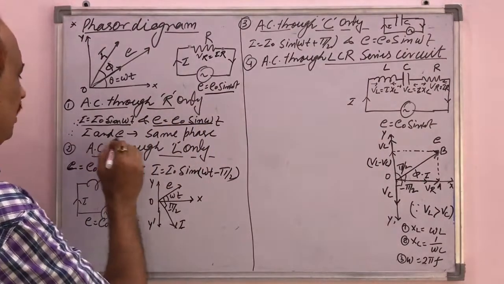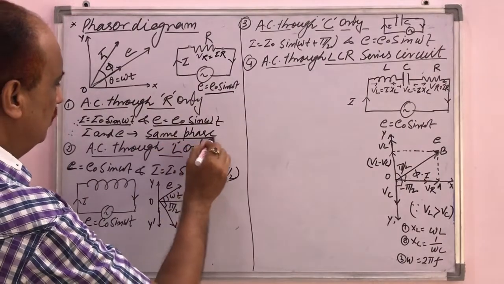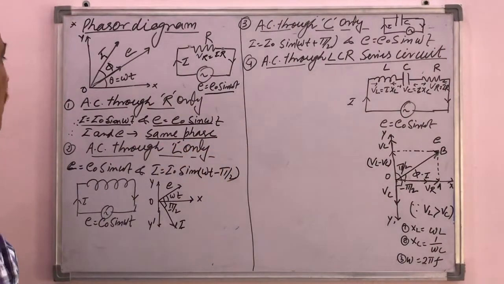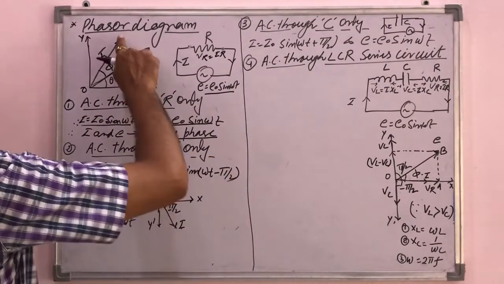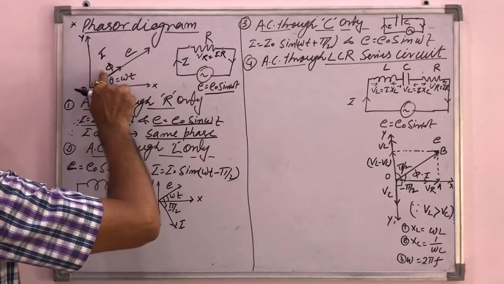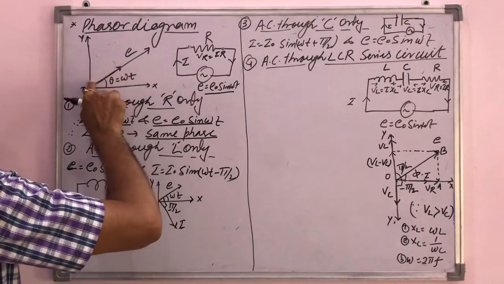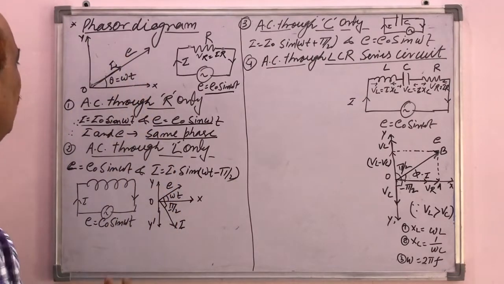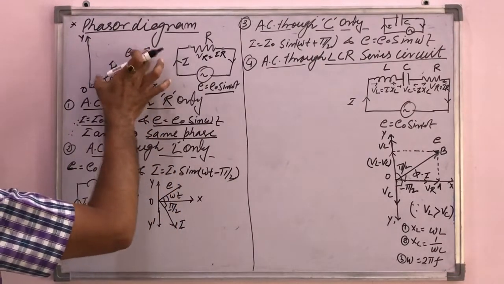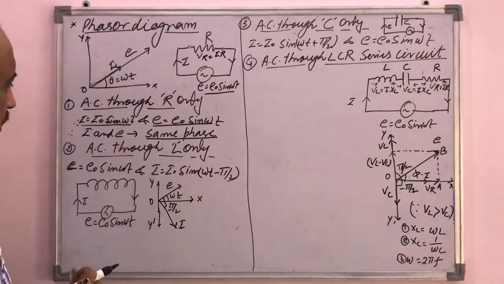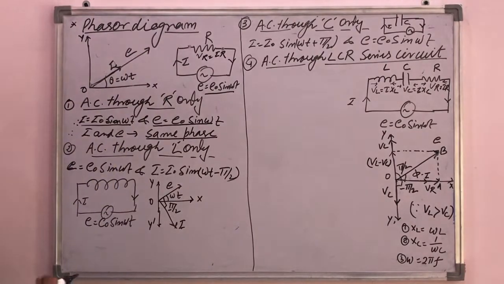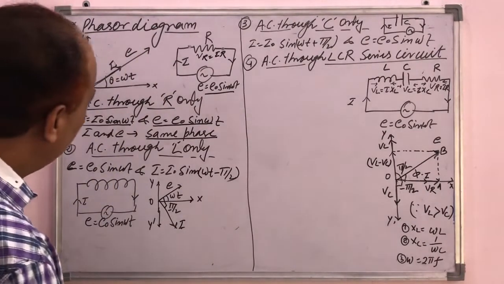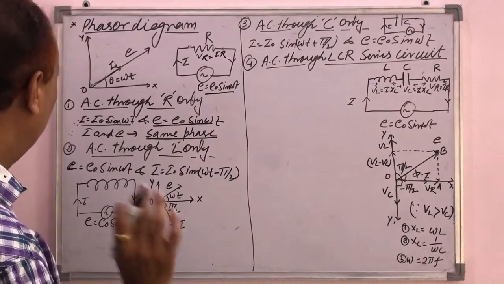So I and E will be in the same phase because these are parallel vectors. If we draw the diagram like this, both vectors are represented along the same direction, I is the small vector and E is the big vector. So these vectors are parallel to each other, so these will be in the same phase.